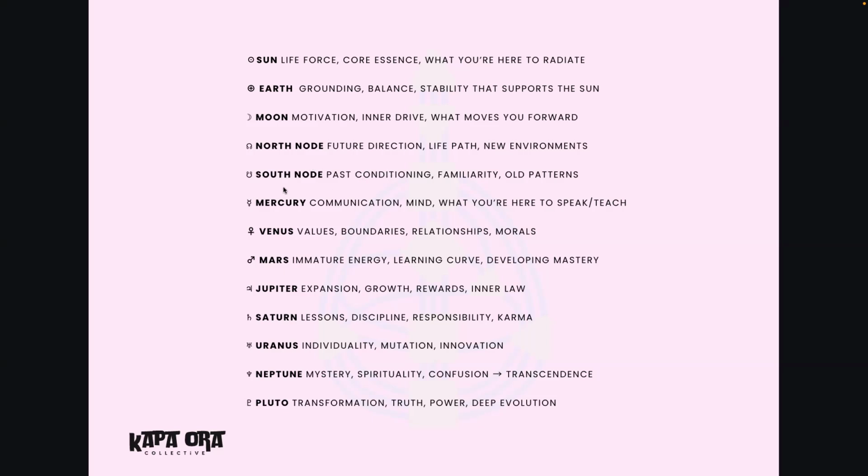North node, future direction. South node, past. Mercury, how we communicate. This one I look into for how to show up online and how to show up when I'm communicating in different places. Venus, our values, naturally the feminine side, relationships, morals.